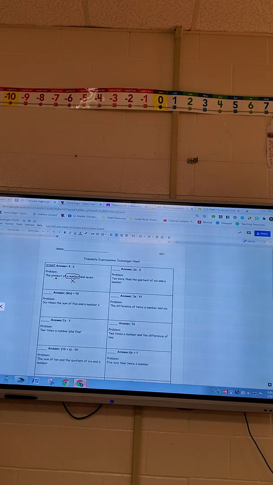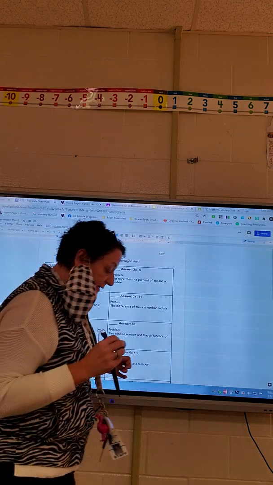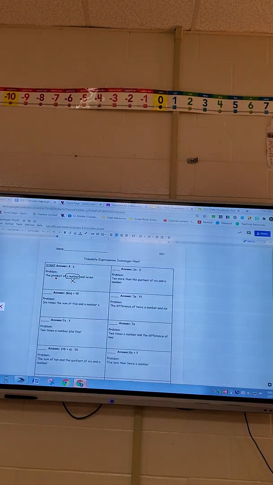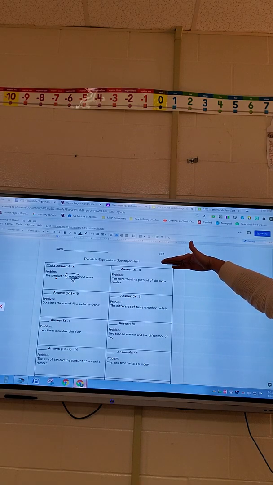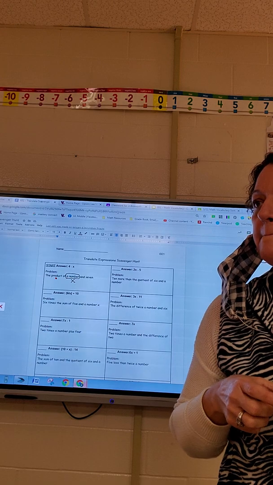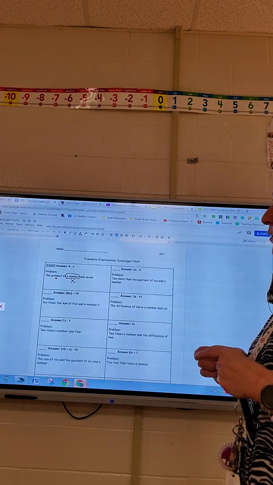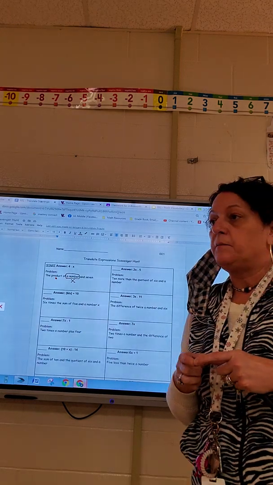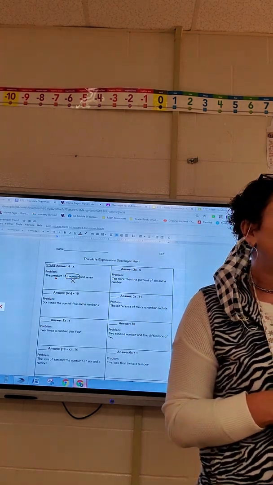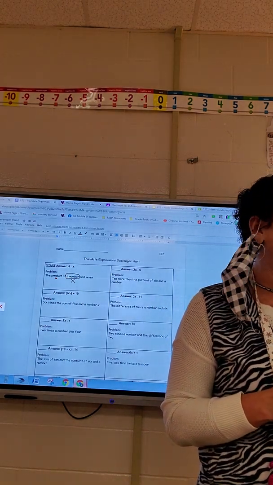In my algebraic expression, as I'm taking this from a language arts statement to a mathematical statement, do we put x up on the product? No. Product means multiply. Put a dot. That's why we're not using an x for multiplication.